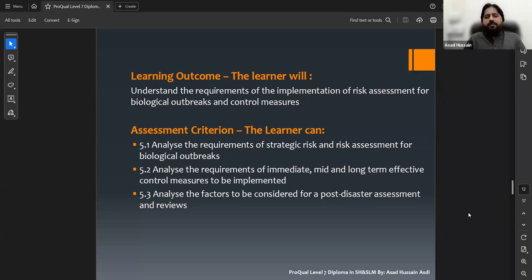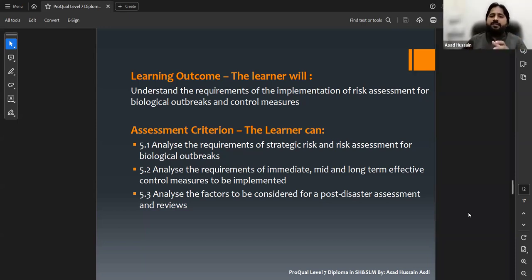The first one is 5.1, analyze the requirements of strategic risk and risk assessment for biological outbreak. As you know very well, in the hierarchy of an organization or in the chain of command, everything comes from the top. You have to analyze with regard to your organization what the requirements of strategic risk are, and why you are considering biological outbreaks in general risk assessment.